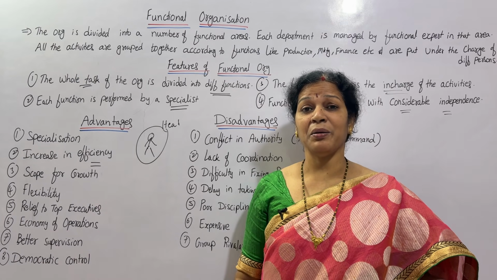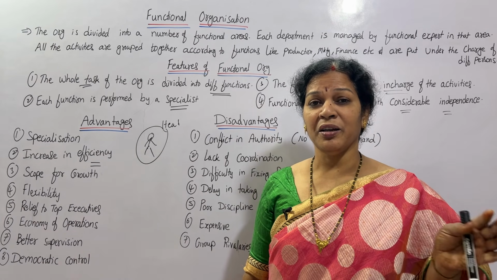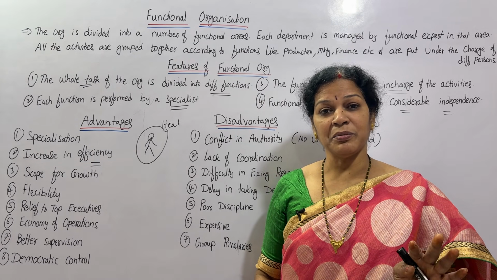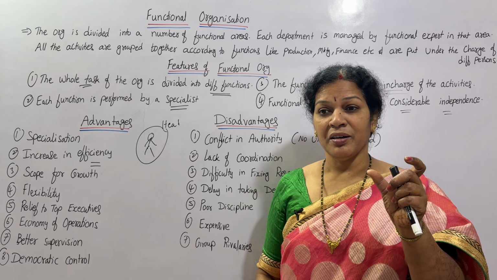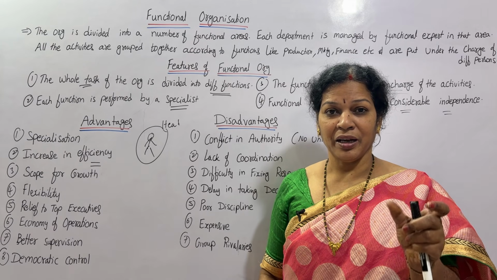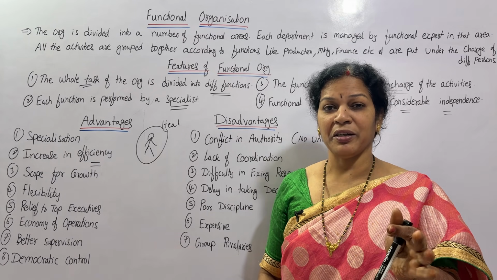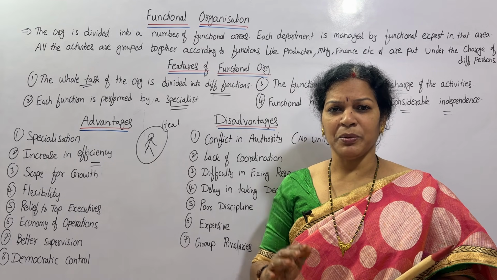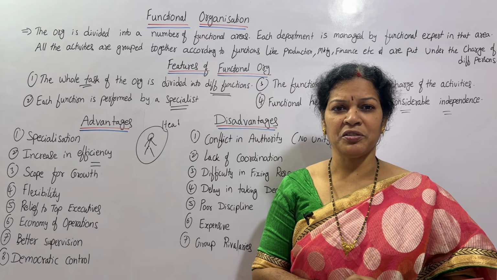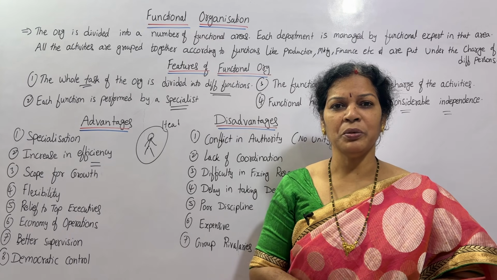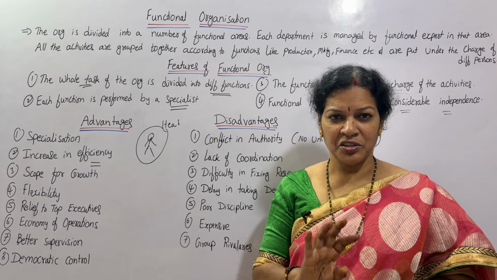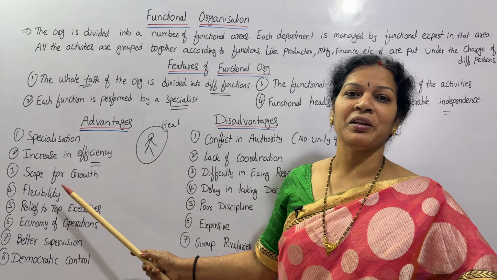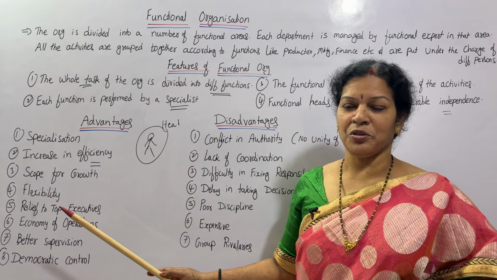Heads are given authority, but to some extent, whenever things are changing, they are given some time and some kind of flexibility to handle the things in a proper way. Suppose right now the situation is not going well, they can change things according to the situation. That kind of flexibility is also there.